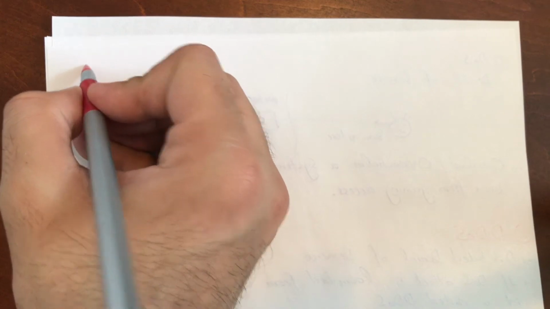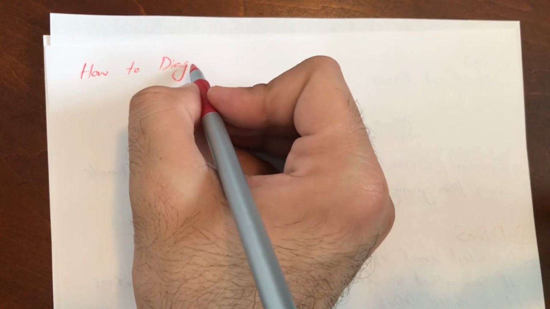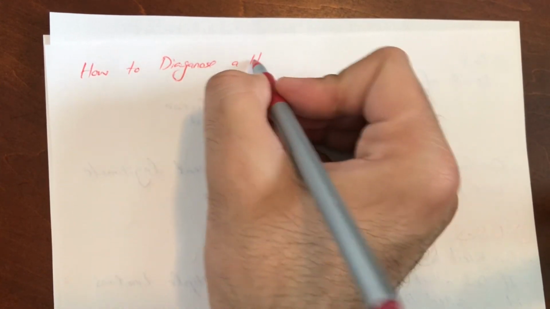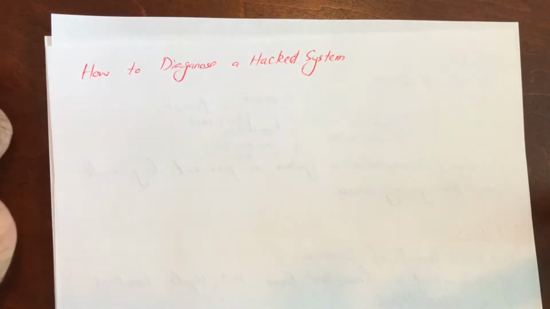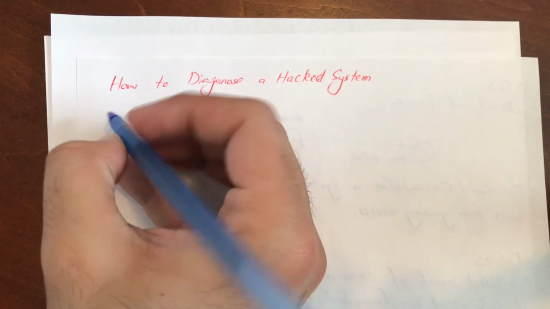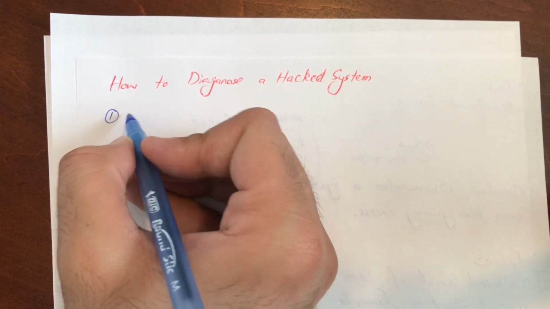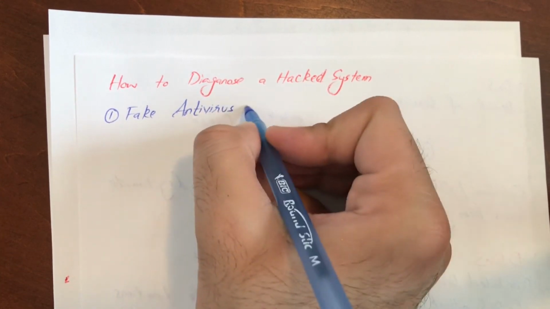Now, something important to note down is how to diagnose a hacked system. For example, how can you make sure that you have a virus running in your computer? There are three main symptoms if your computer has been hacked. First of all, you see fake antivirus messages.